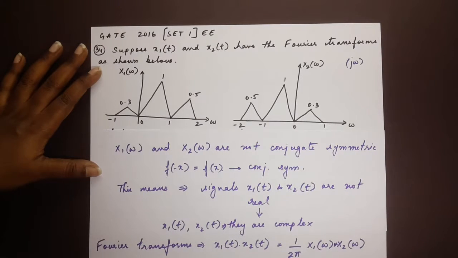This is multiplication, please note. So that's 1 by 2 pi into this, and by looking we can tell that the multiplication of both will be conjugate symmetric.